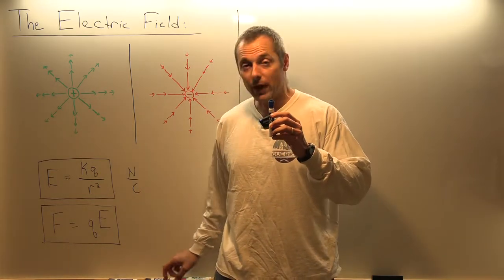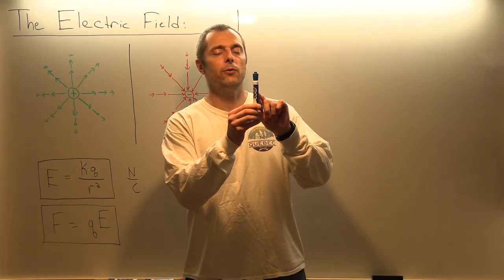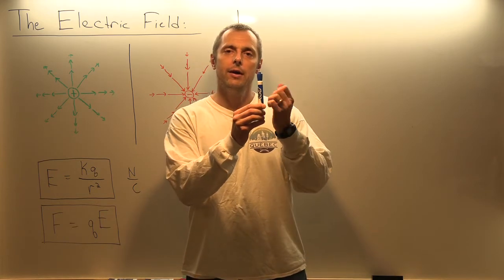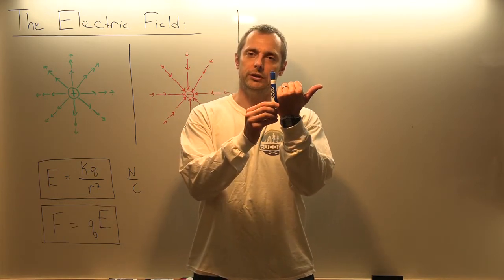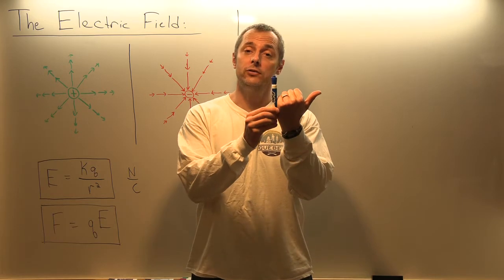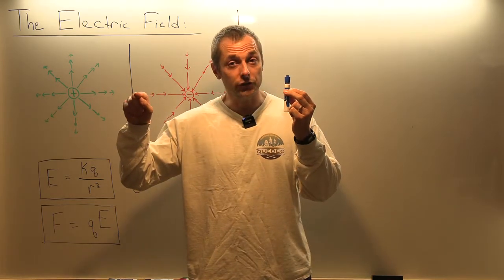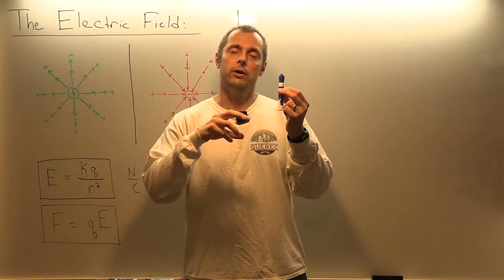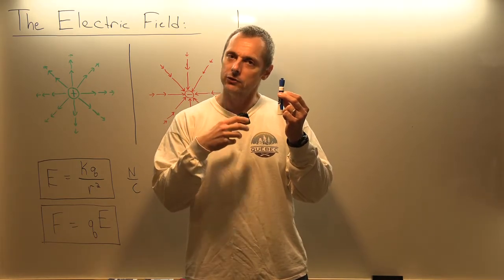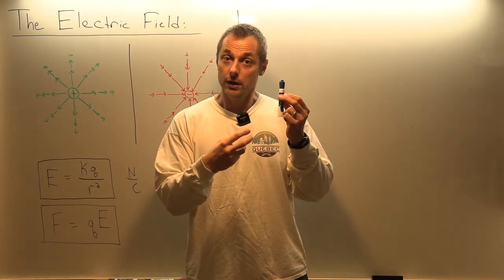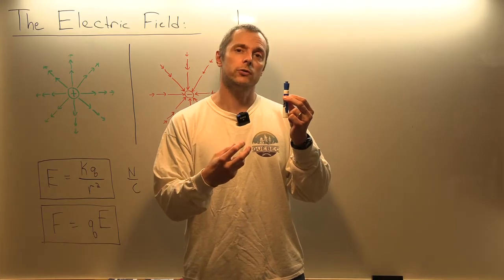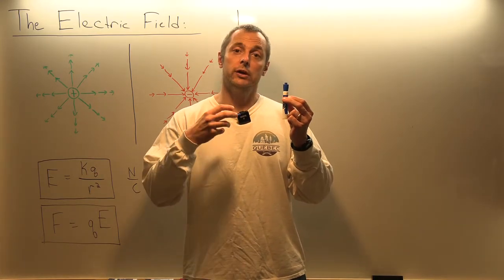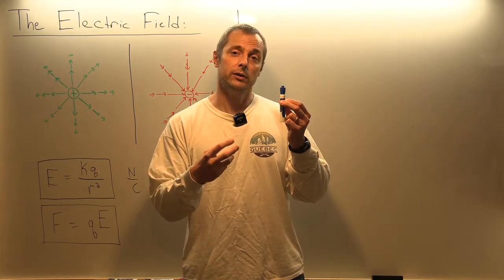And if you do it fast enough, you would see that for a small amount of time, there would still be a repulsion on this electron, even though this charge is gone. And so for that slight amount of time, that means something else was there to actually create the force. That something else is the electric field.